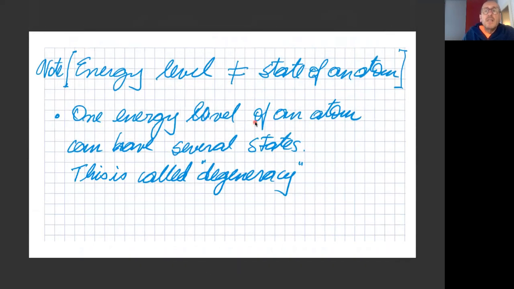So one energy level of an atom can have several states. That is sort of the statement, and the number of states that it has is called degeneracy. So a degeneracy of 10 means that there are 10 states within a single energy level. Okay, that would mean. Yeah.